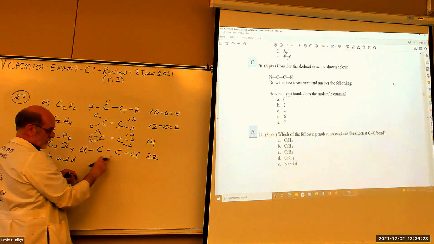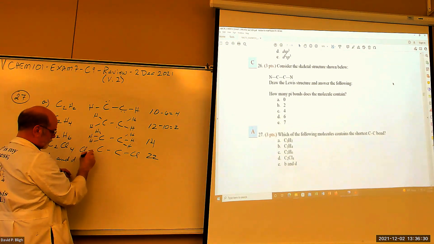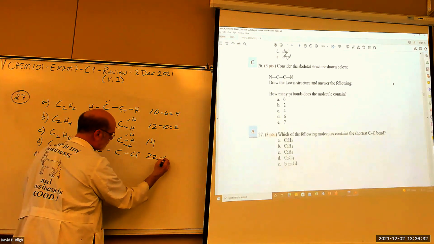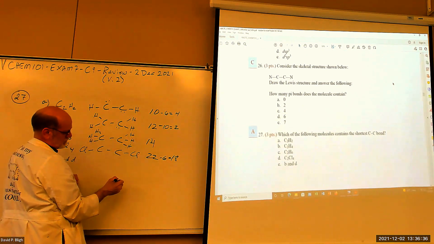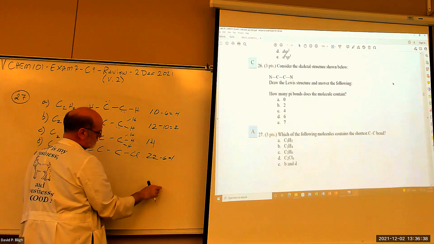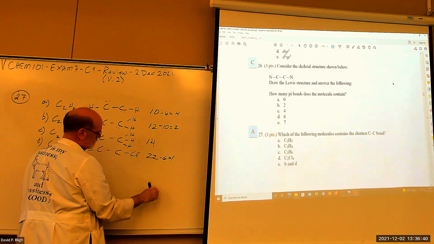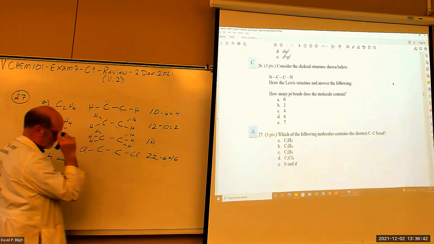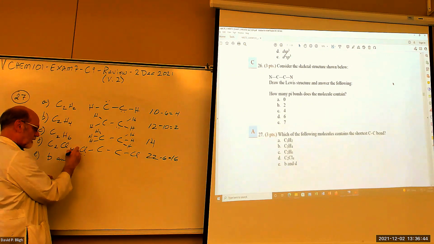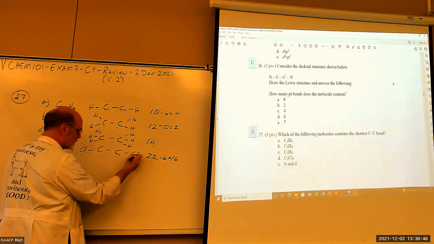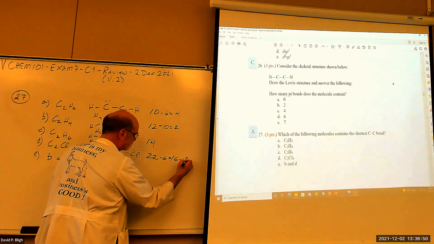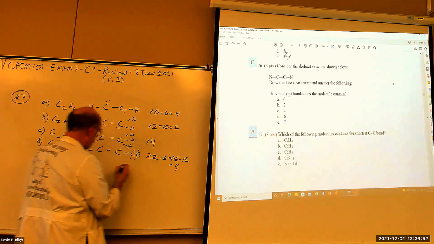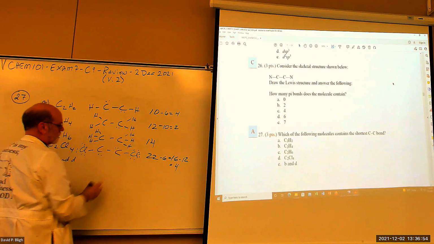And here we have 2, 4, 6 equals 18. 16. So that's 12. It's 4 electrons, so we can do 2 here, 2 here.